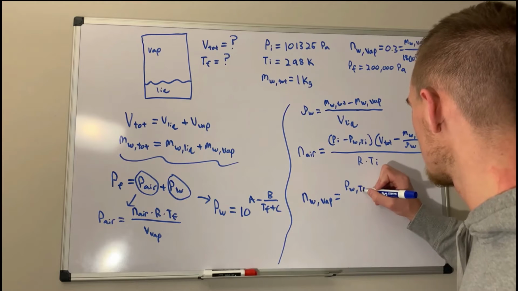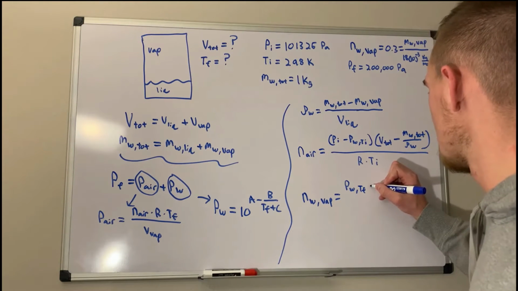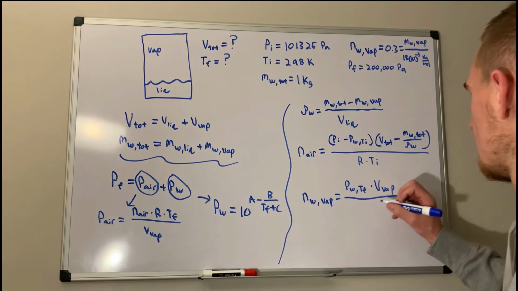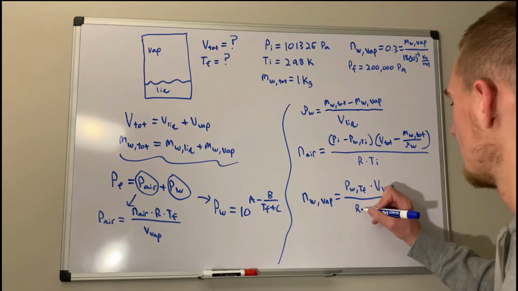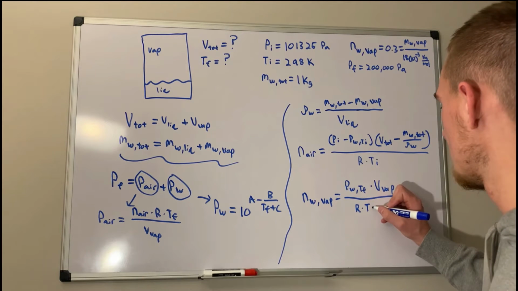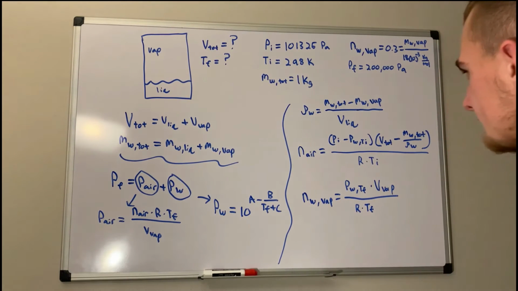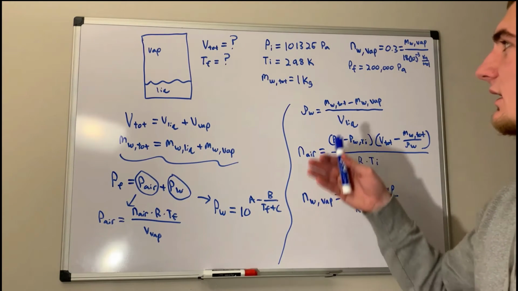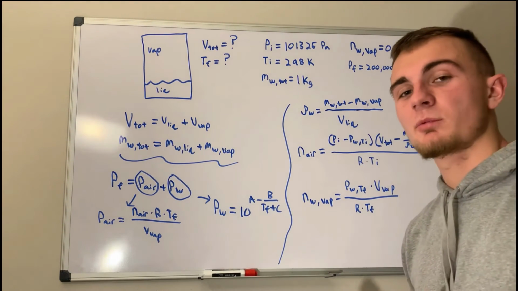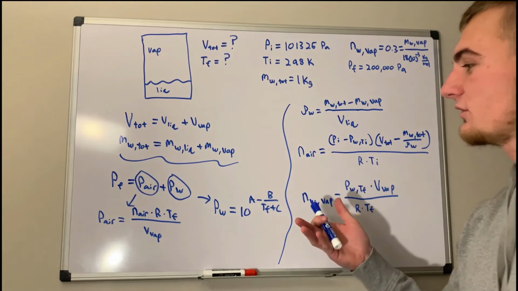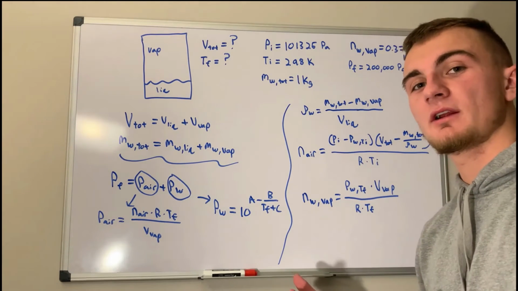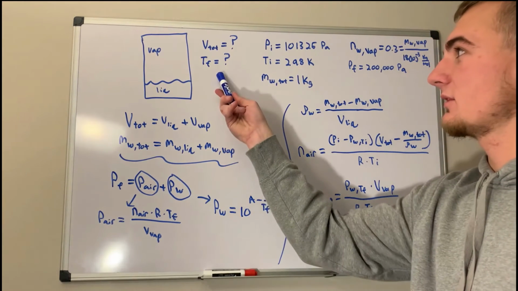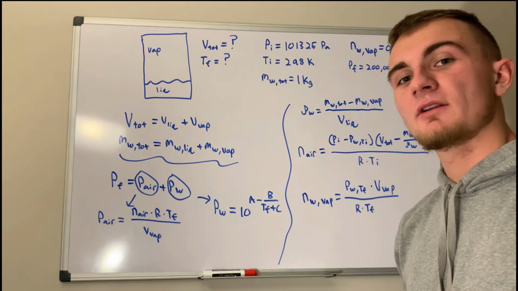So at the final temperature times the volume of the vapor phase. And this will be divided by the ideal gas constant times our final temperature. Okay? So utilizing the given information we have as our parameters, and also these relationships that we have created here, we can actually use the root solver in Python to determine the unknown values that we have here.